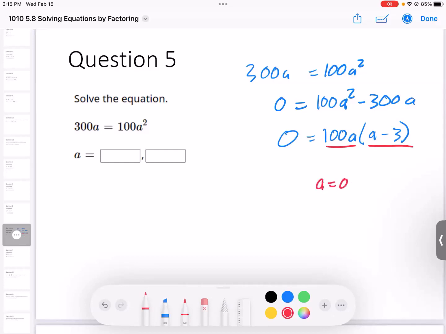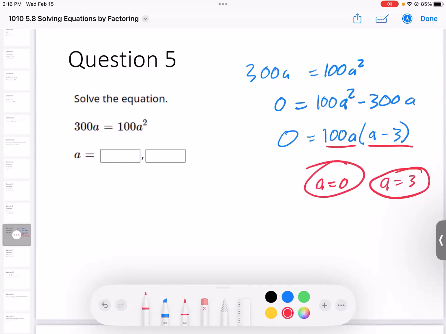So a equals 0 is a solution because 100 times 0 times a minus 3 would equal 0. And then for the other factor, what would a need to be to make this factor equal 0? 3. So my 2 solutions would be a equals 0 and a equals 3. Is everybody good with that?